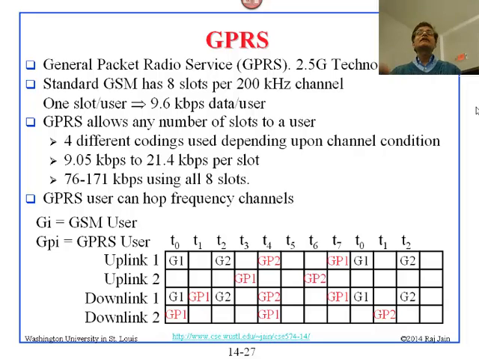So then there is this hopping technology which was already there around the time. Hopping means that you give this slot wherever it is empty. So let's say you have these two uplinks, and here this user is not speaking. Whatever user was here was not speaking, so we give it to GP1, GPRS user 1.